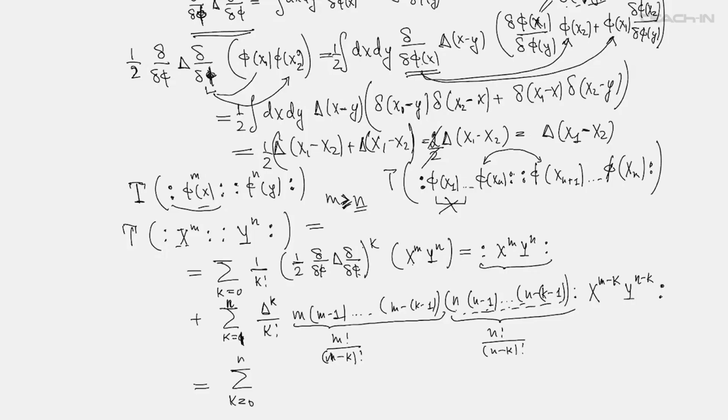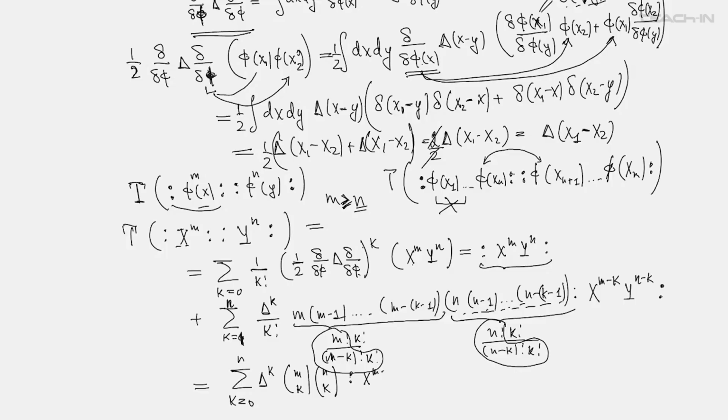What I can do, I can also multiply this by k factorial, and I can divide it by k factorial. This I do in order to get binomial coefficients. And one k factorial cancels out, so I will get delta to the power k, binomial coefficient m choose k, binomial coefficient n choose k, and then X to the power m minus k, Y to the power n minus k.